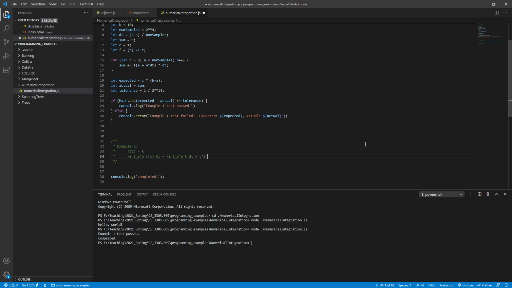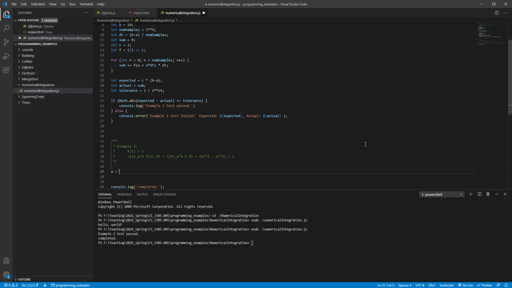So t squared divided by 2, and then that's evaluated from A to B. But it's going to be more confusing than if we just say that it's b squared minus a squared divided by 2. Okay.